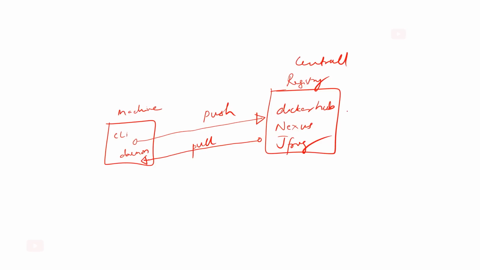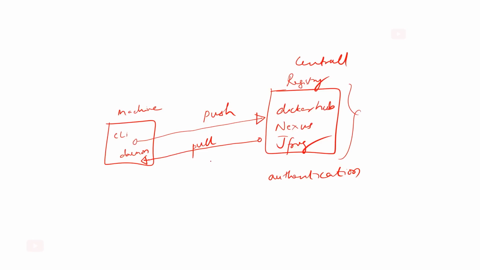You need to remember a few things here. Whenever you're trying to store your images into registries, the registry requires you to provide authentication. For pulling, I can make it an anonymous pull where anyone can pull the image without any restrictions.